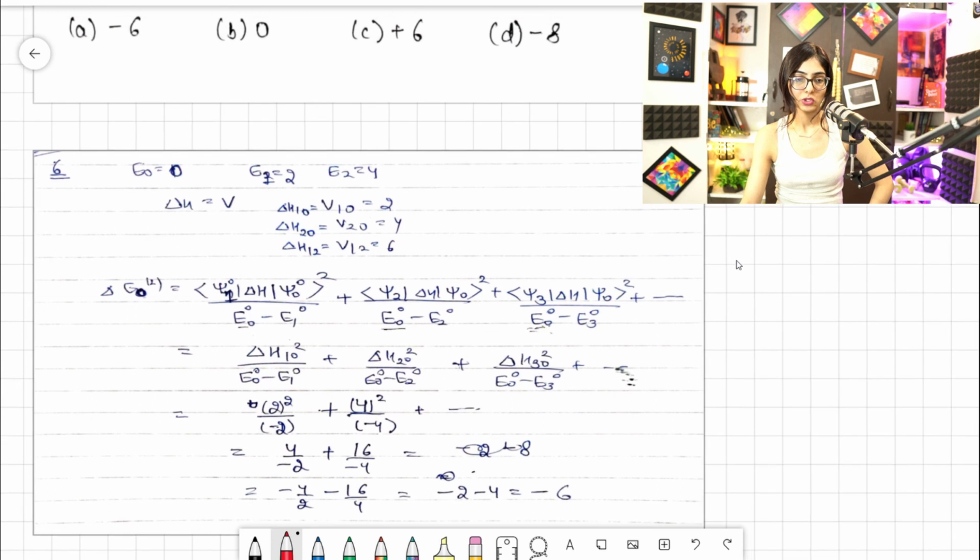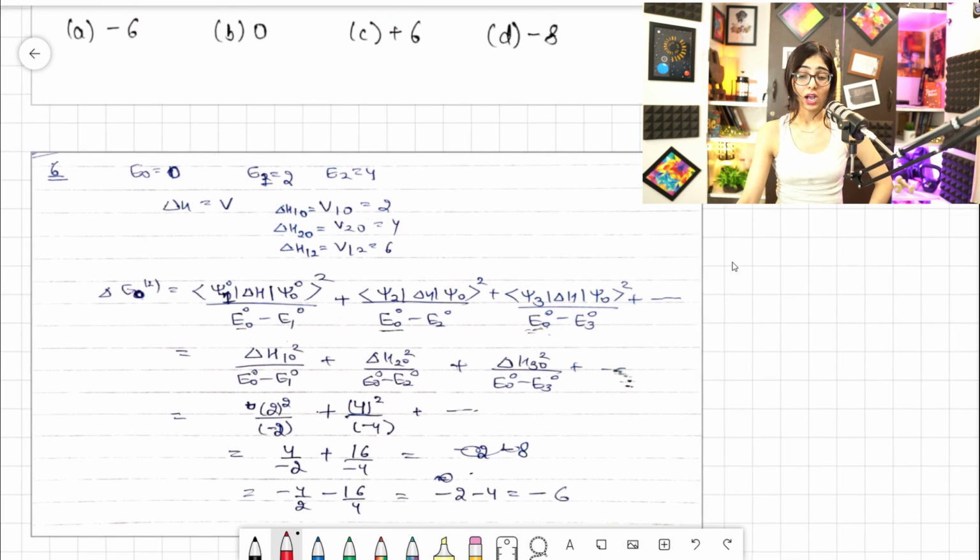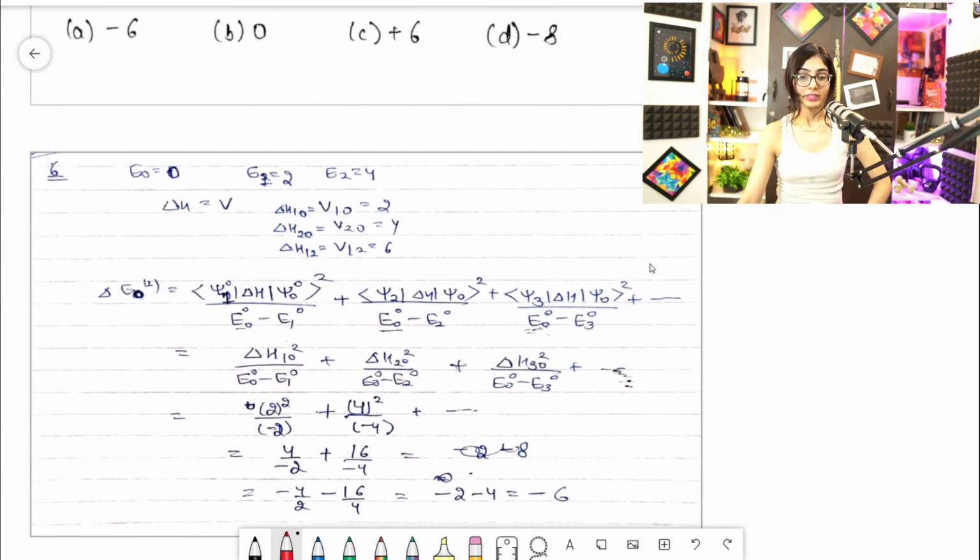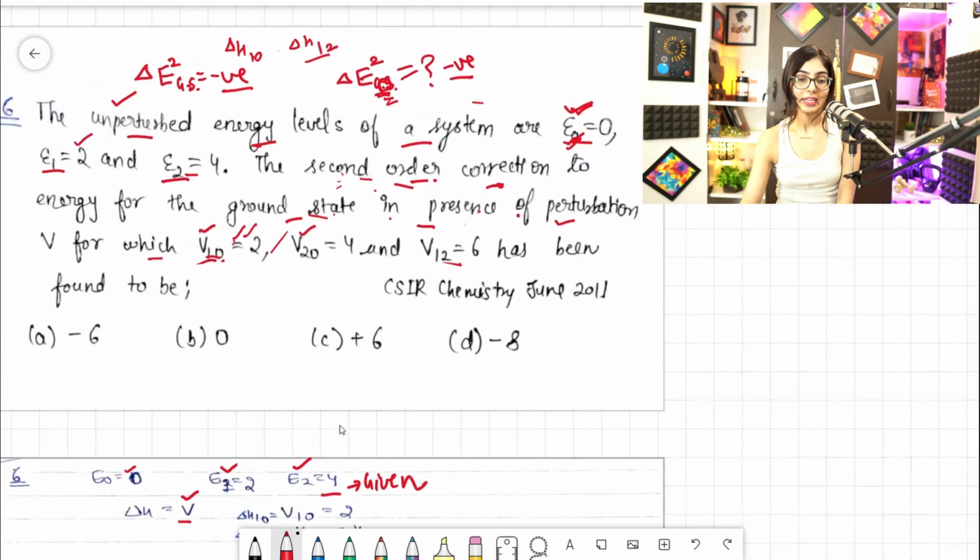Clear? So this is the solution. I hope this is visible to you, and let's go down to it. Yeah, so E0, E1, E2, these things are given, right? This was given, I'm writing over it. Clear? And del H is equal to V. Now the perturbation has been given in terms of V. You can see in the question, I'm again telling you that the perturbation has been given like this.